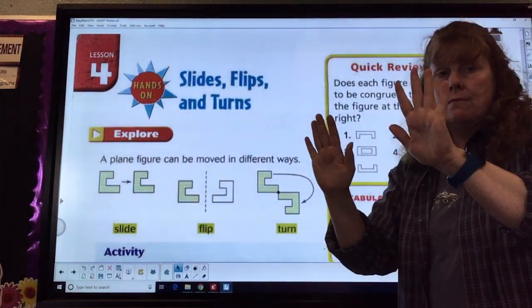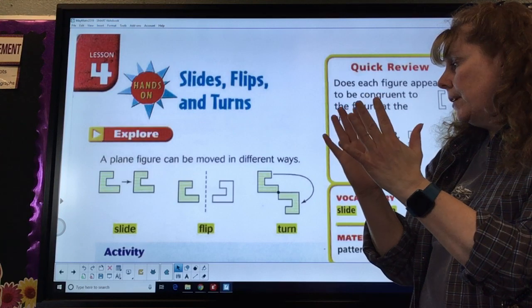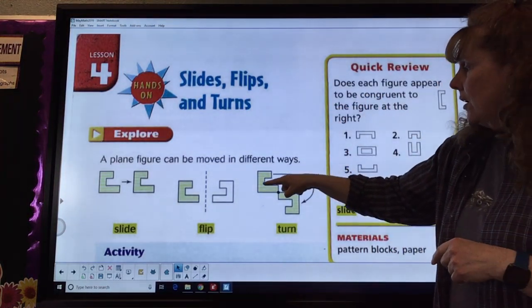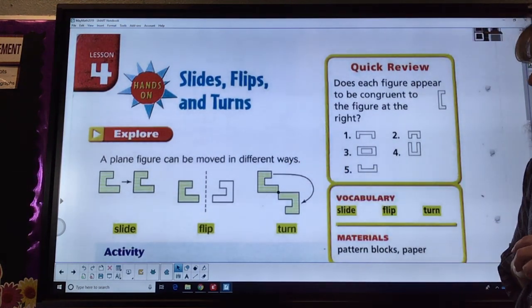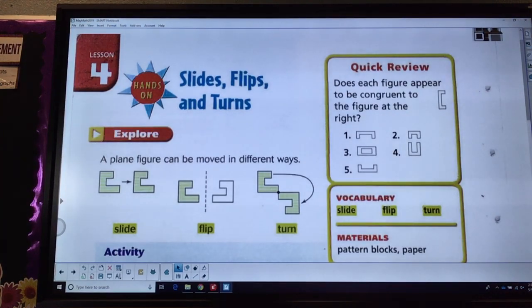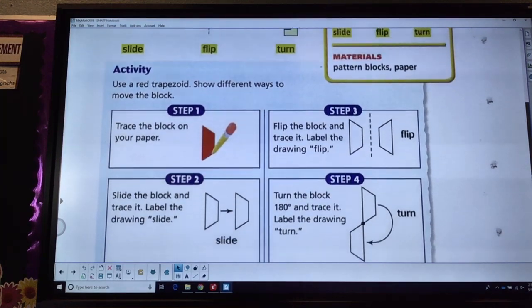Our hands can be like that. They're a flip or a reflection of each other. And then finally, we're moving the figure to do a turn, or we're rotating it. Okay? So those are our terms that we have to become familiar with today.